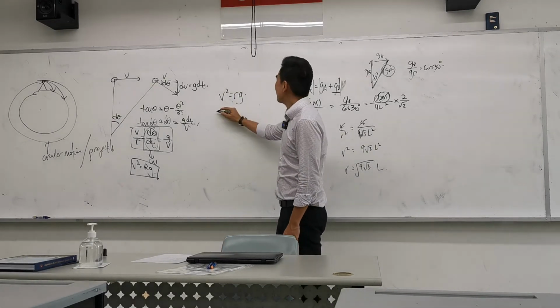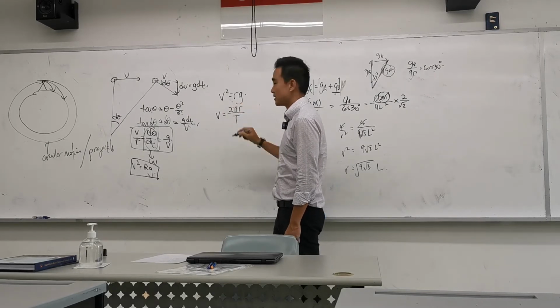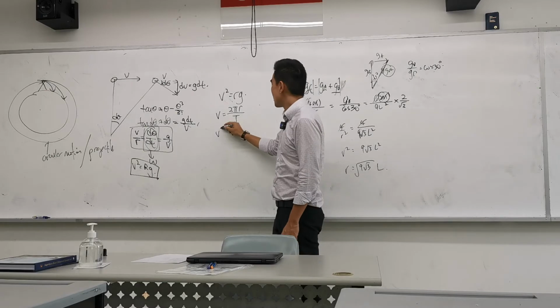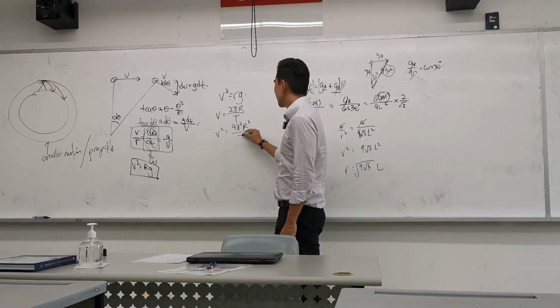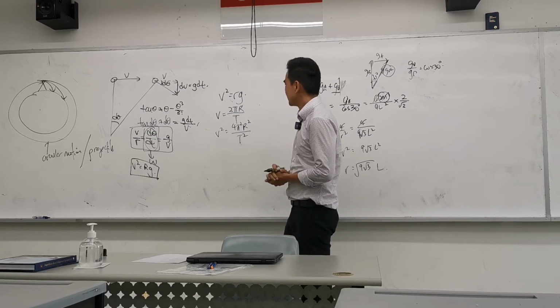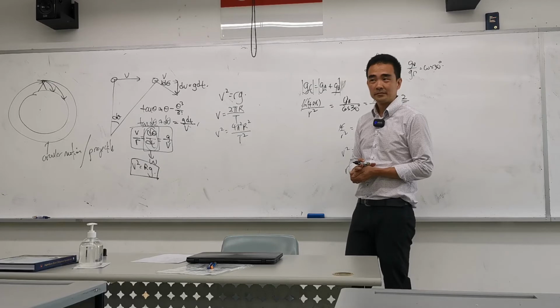Now, v squared equals rg. Do you remember that v is equal to 2 pi r divided by t? So if I square it, v squared is going to be 4 pi squared r squared divided by t squared. Still okay?